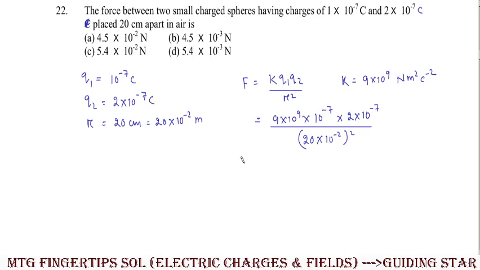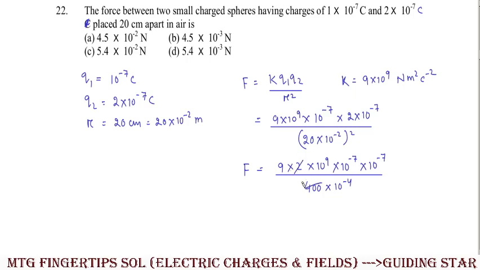So finally, in this particular case, if we solve this one, it will be 9 into 2 into 10 to the power 9 into 10 to the power minus 7 into 10 to the power minus 7, all divided by 400 into 10 to the power minus 4. Clear?